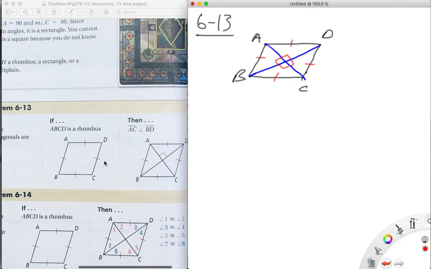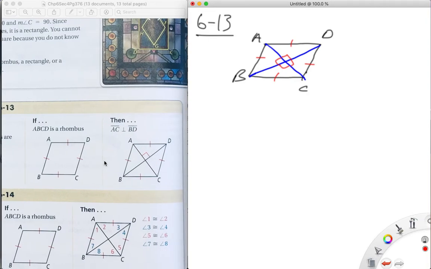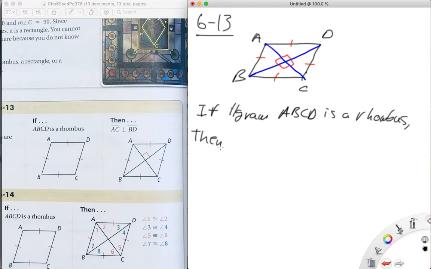So if parallelogram ABCD is a rhombus, then AC is perpendicular to BD.